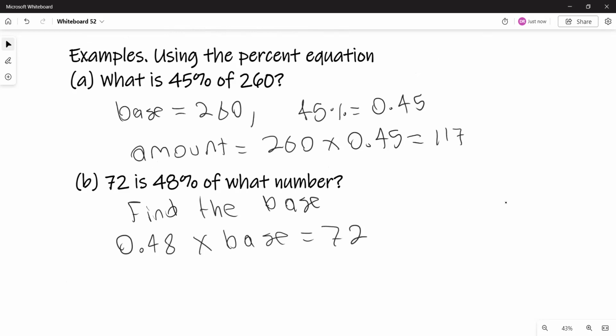So I'm converting the 48% to decimal. The amount is 72, and we need to find the base. So it's 0.48 times base equals 72. Base is 72 divided by 0.48. A calculator check gives you the base. The base is 150. And part C?